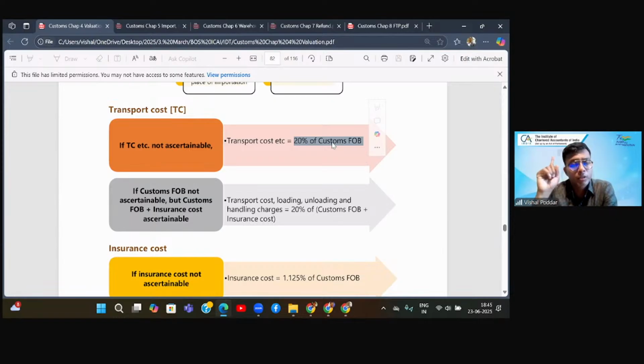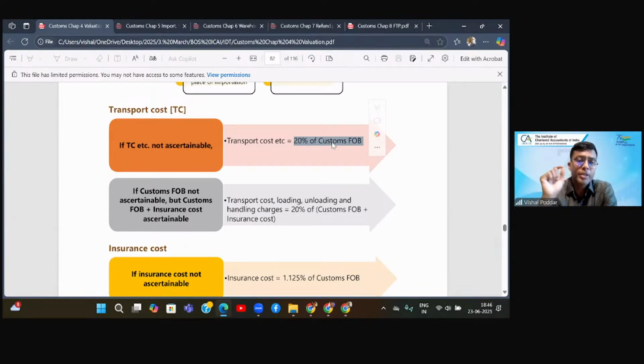But if the transport is by air, in that particular case, the rule is 20% is the maximum that you can take. 20% is the highest that you can take. Means in case of air transport, where actual freight is given. Now for other transport, where actual freight is given, you directly take that actual freight, that's it.